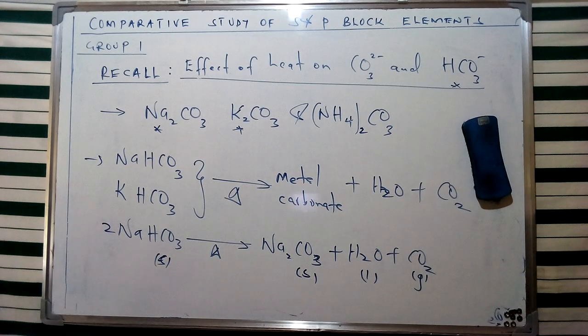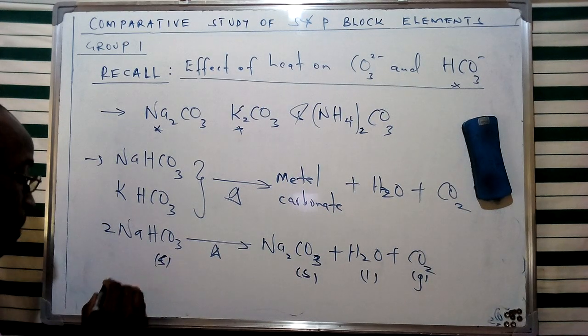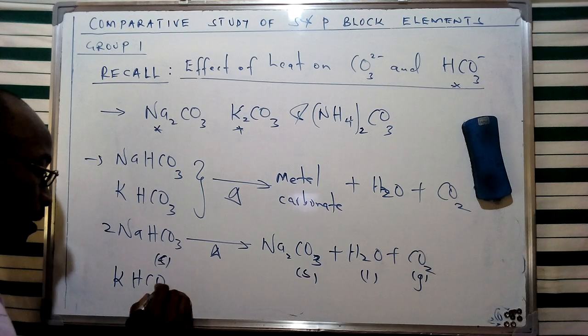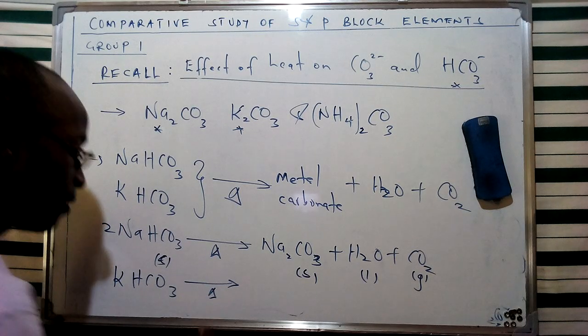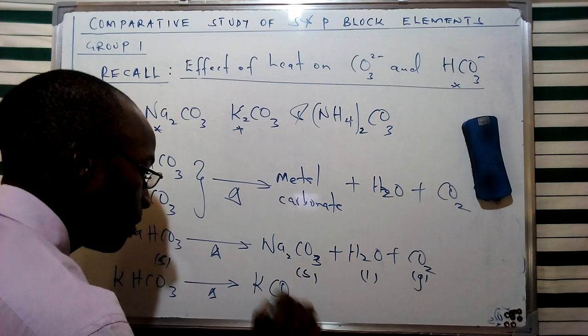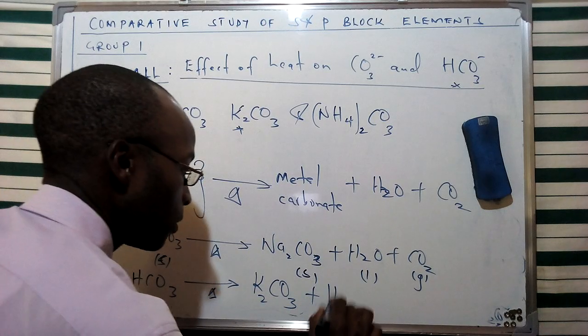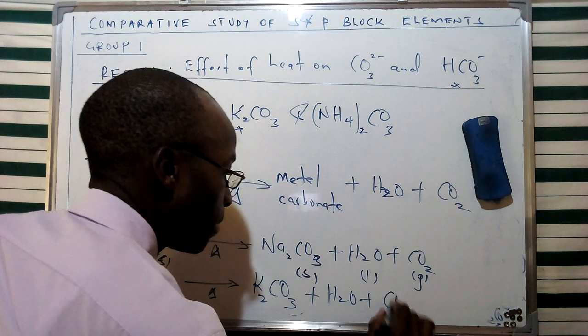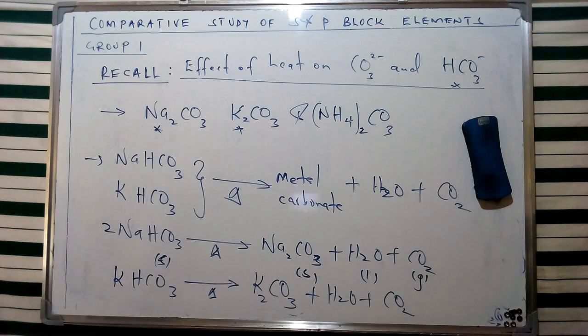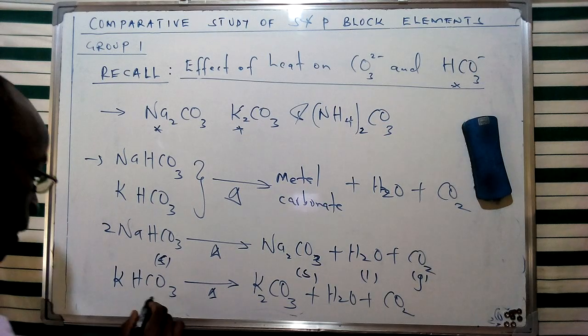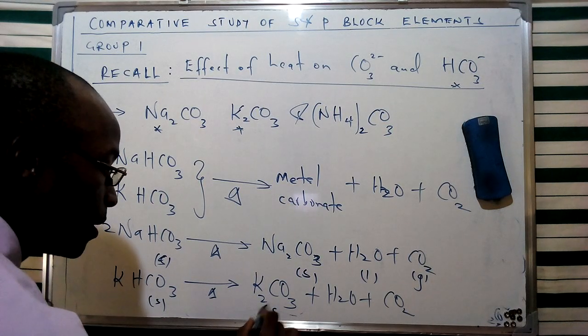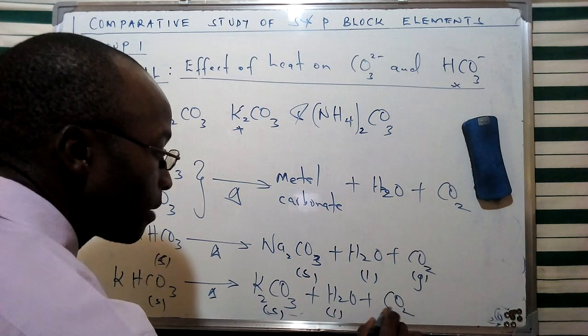Yeah, I think that one is correct. And if we have potassium hydrogen carbonate being decomposed, this is going to result in the formation of potassium carbonate, and then we're going to have water plus carbon dioxide, and this is going to be a solid, liquid and gas given as such.